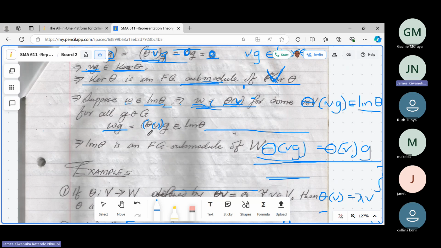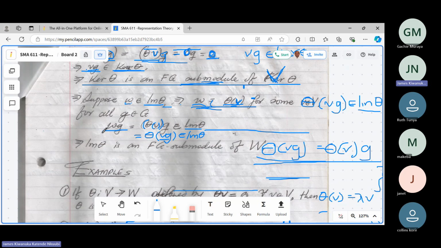This is already defined. To make this complete, you need to add, before confirming that it's in the image, what makes you do that is the following. This being an FG homomorphism, it means you can bring this into the bracket. And now VG is an element of V, and theta acting on an element of V has no choice. It must be in the image of the map theta. That's the missing link.